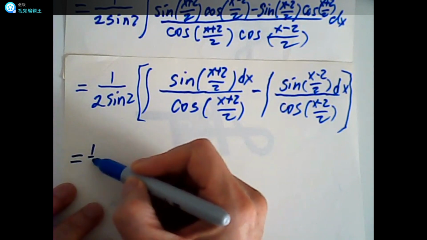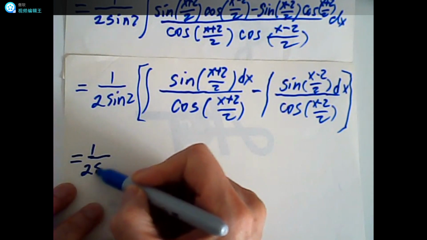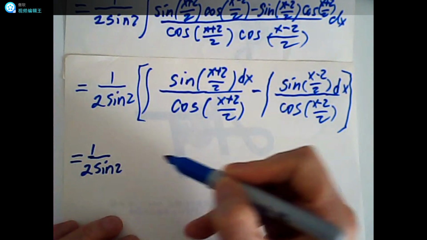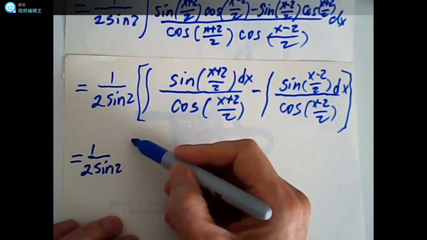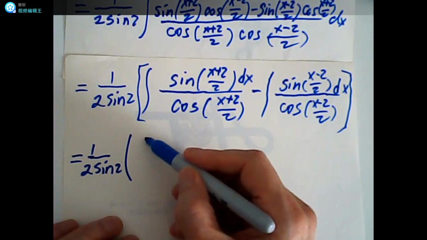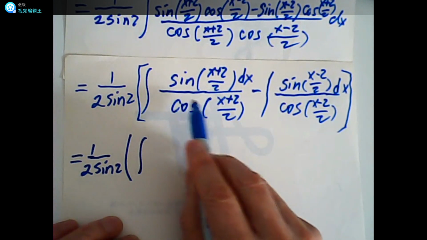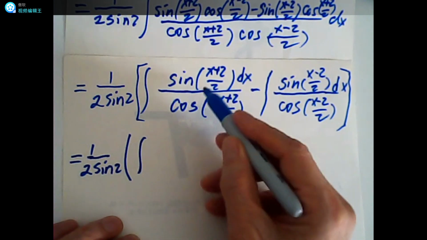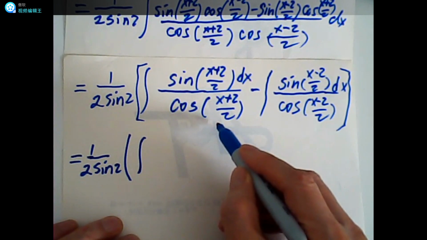So this is a half sine 2 bracket integral. This was the negative derivative of this one, right?